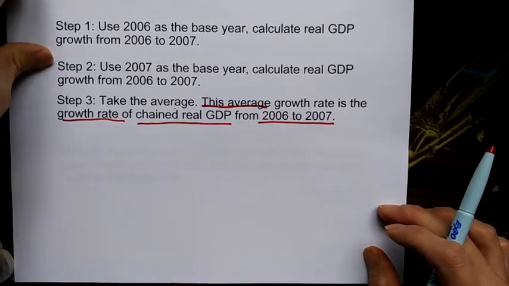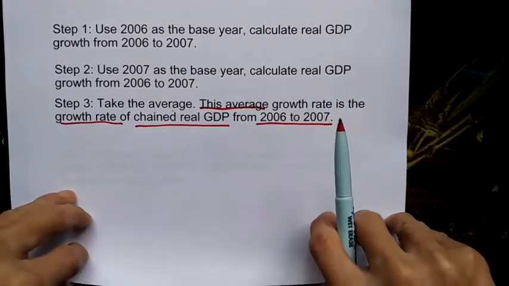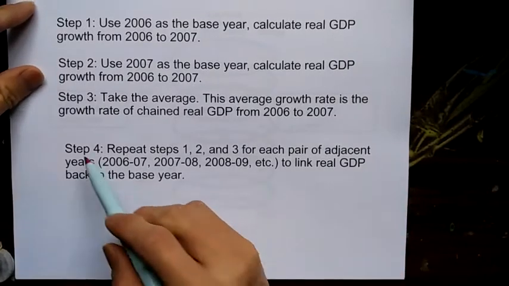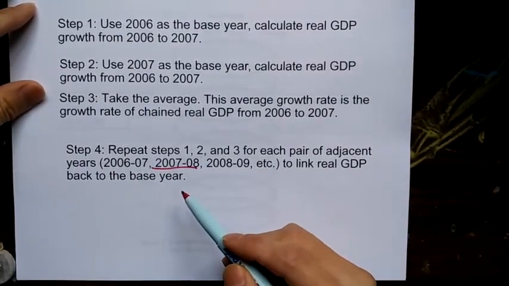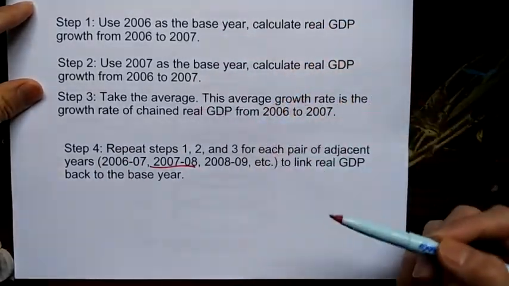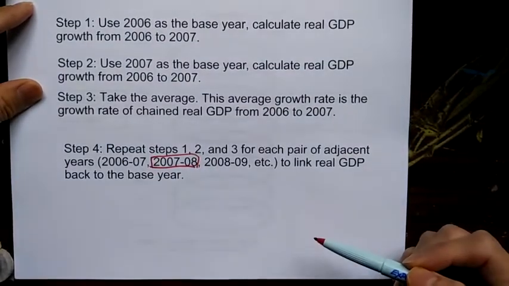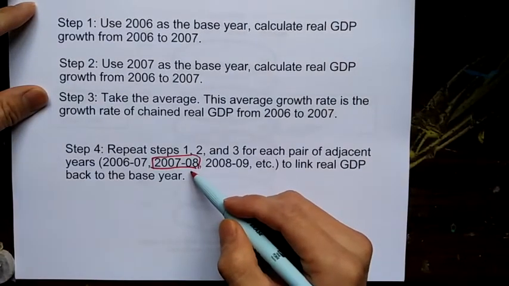The next step, you use 2007 and 2008. So step 4 is to repeat the first 3 steps for 2007 and 2008. Then you will get 2007, 2008 growth rate.